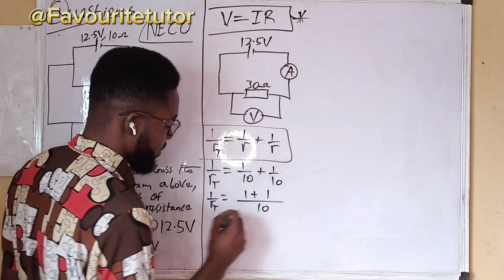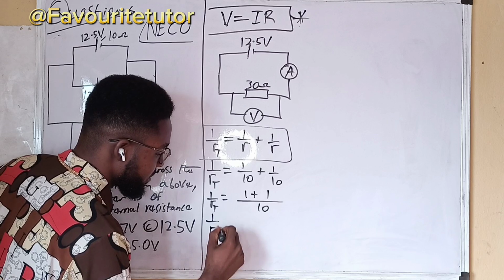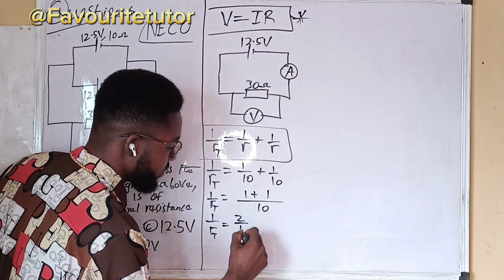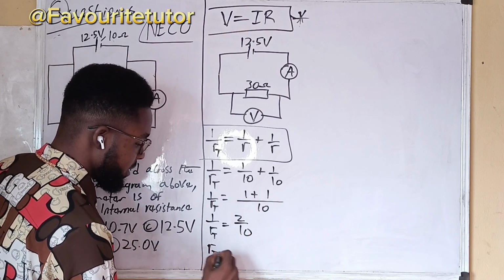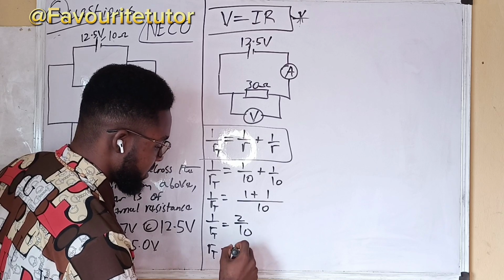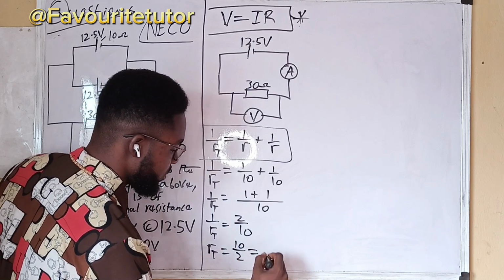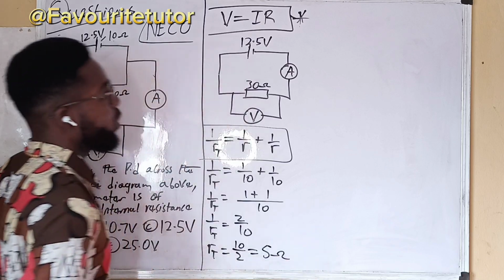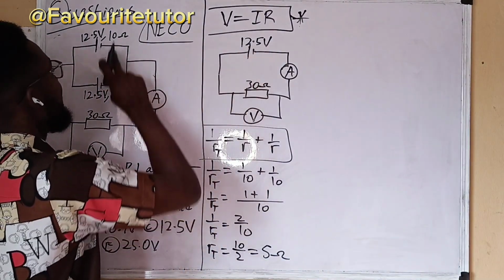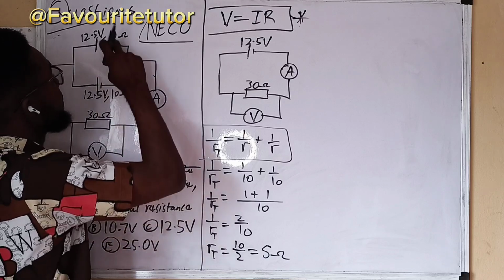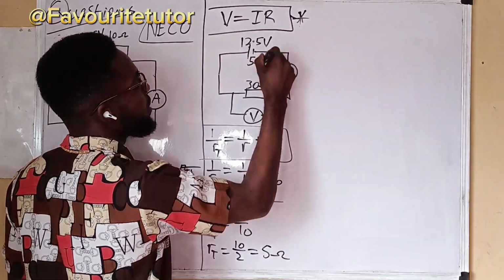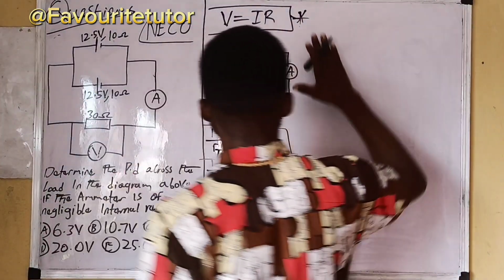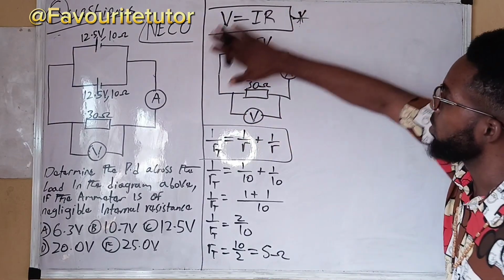This is 1 plus 1, which is equal to 2 over 10. So I take the inverse. So resistance is equal to 10 over 2, which is equal to 5 ohms. So the equivalent resistance of the resistors right here is 5 ohms. So therefore, the circuit is well simplified.